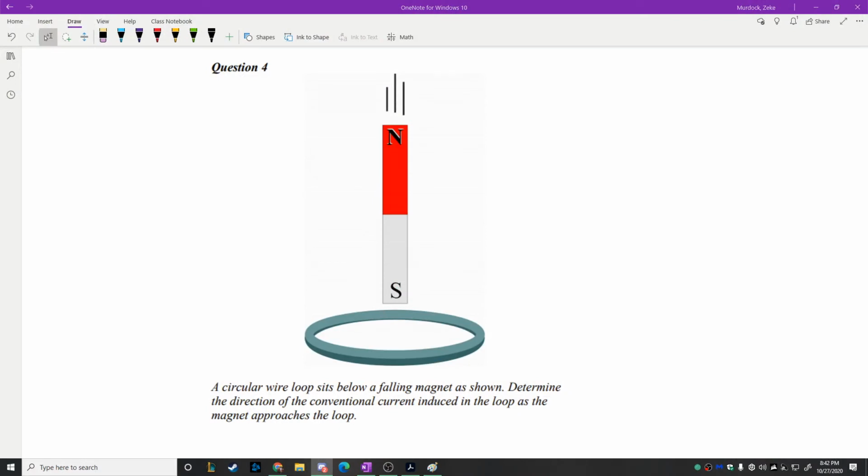It's upsetting your dogs. Field is induced downward, so you think the clockwise current. So again, just to give you a hint here, this is basically the external field. It goes this way. When it falls through the loop, the flux is going to be increasing, right?